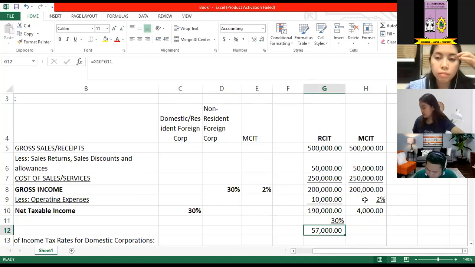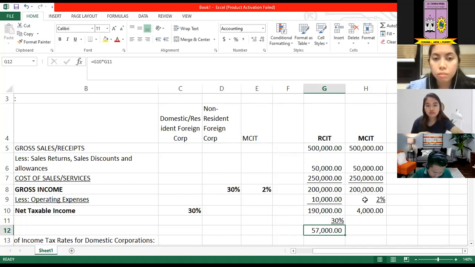Now, kailan ba nag-a-apply yung minimum corporate income tax? Pag-start ba ng business? The answer is no. Kasi it would be parang ang bigat-bigat naman, no? Nagsa-start ka pa tapos kukunan ka na ng 2% sa gross income.